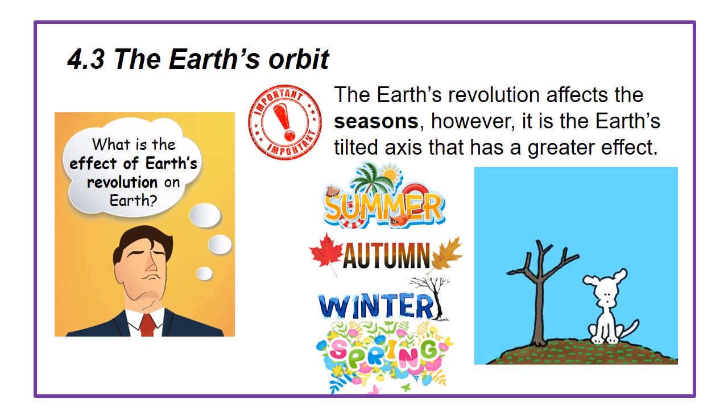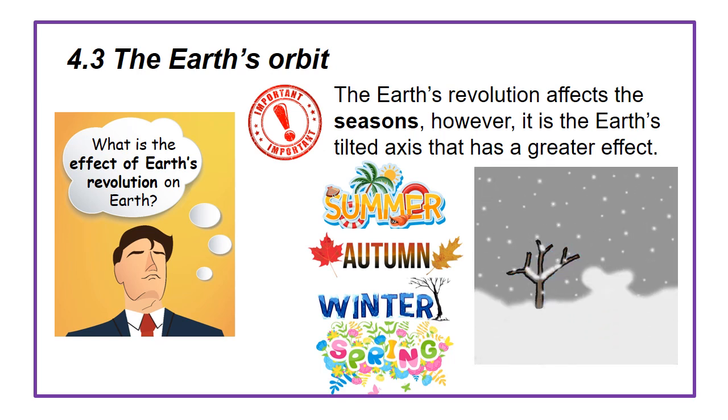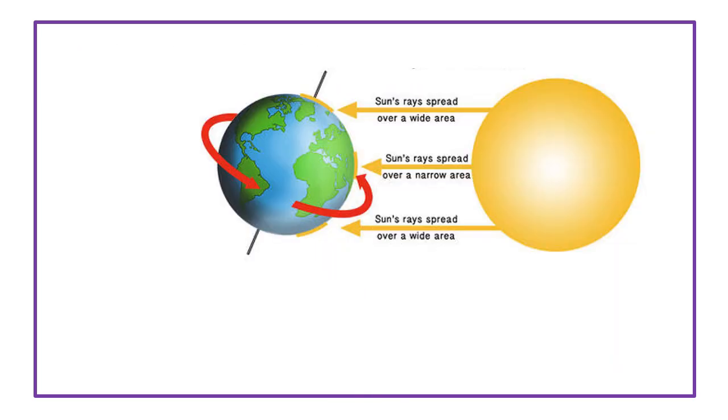Now the question is, why do places on Earth have different temperatures? Okay, the Earth's tilted axis causes the variation of temperature on Earth. To show that, let's add another imaginary line on Earth. And what do we call this line? Call it equator.